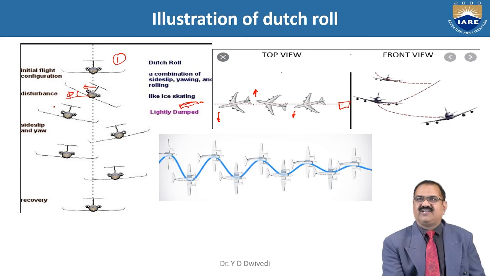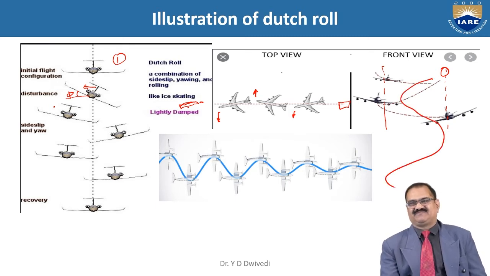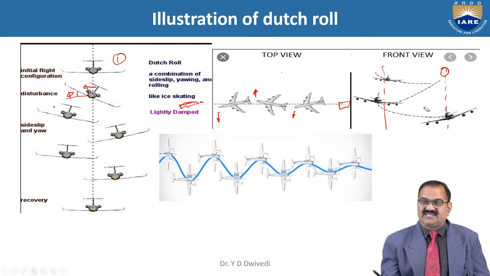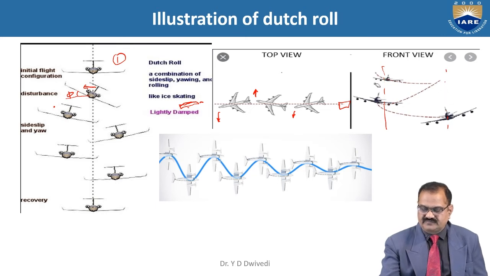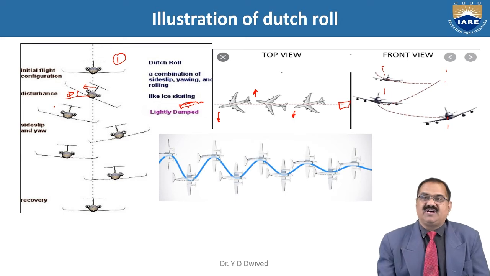The aircraft is supposed to go straight, but it is going like this, and again like this. It means it is oscillating. This is called the Dutch roll, and it is not good to have Dutch roll for the betterment or for the precision of the flight.